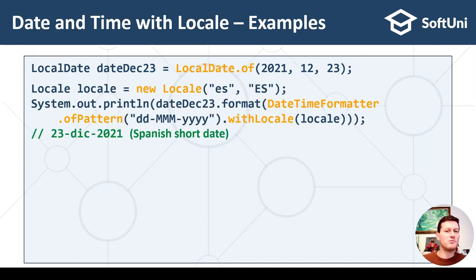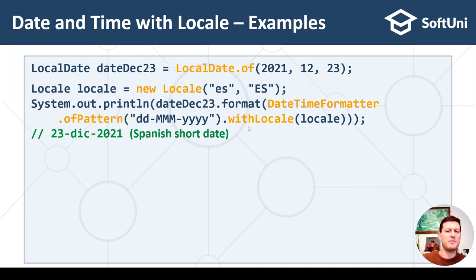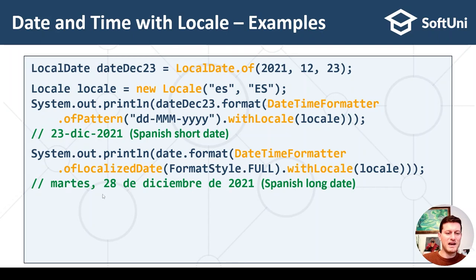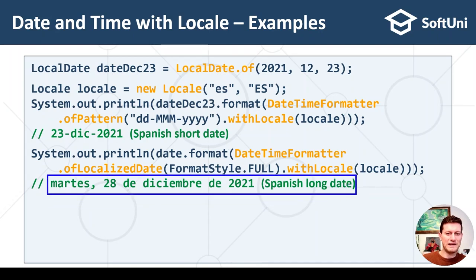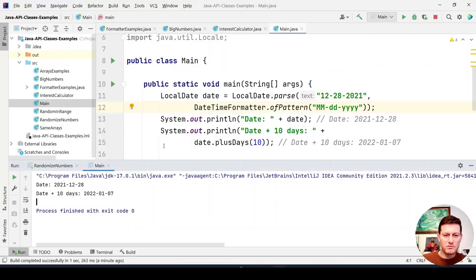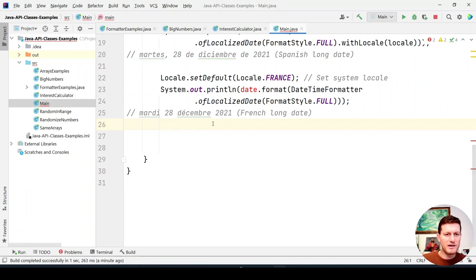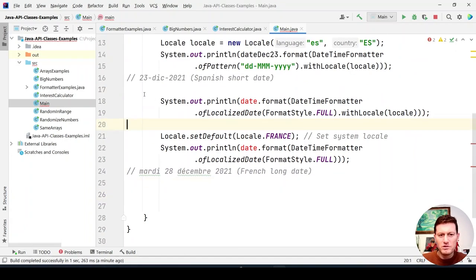And we can create a locale like this, the Spanish locale, and here I create a French one. I use the Spanish locale with this pattern, where the month will be the Spanish for December, and I use the full style like this. I have already shown this, so I will just copy this example.